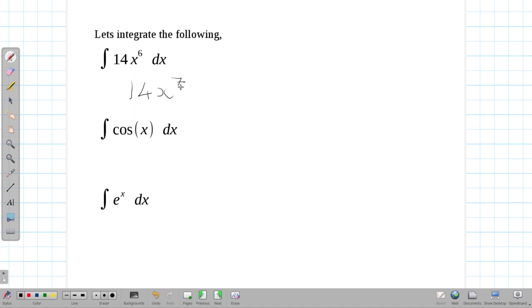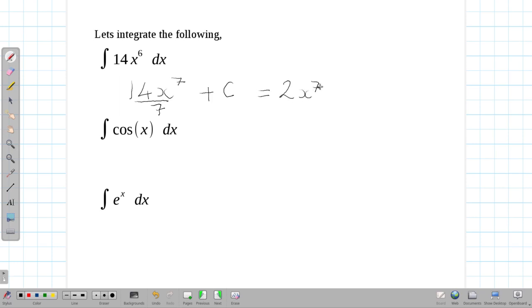Okay, next thing, we then divide by the 7, the opposite to differentiate, so we divide by it. And then don't forget your C of constant to represent anything that's missing. We can simplify this, of course.